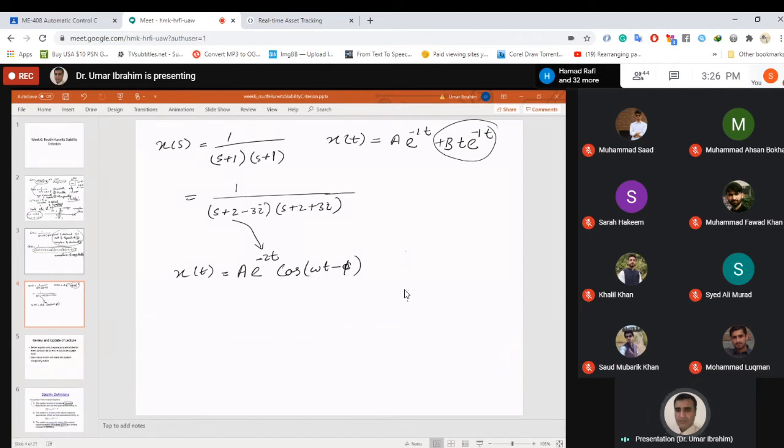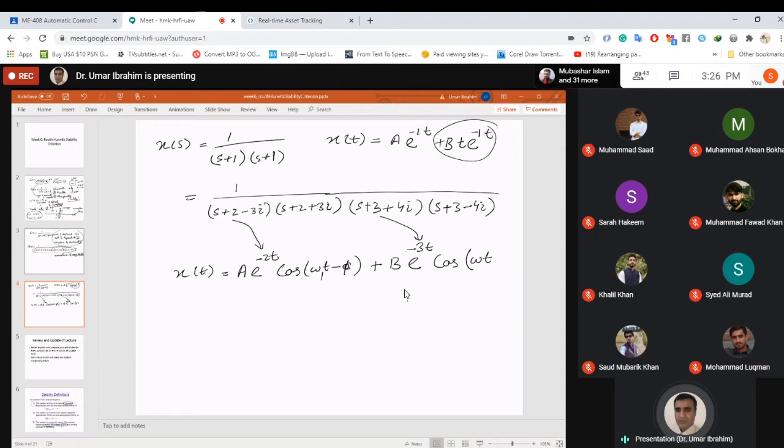But what if I have two non-repeated pairs? So s plus 2 plus 3 iota and s plus 2 minus 3 iota, and s plus 3 plus 4 iota and s plus 3 minus 4 iota. Then the system response will be plus b e raised to the power minus 3t into cos omega t.